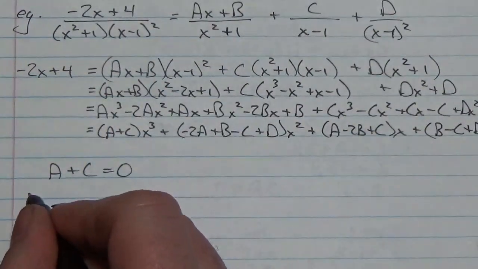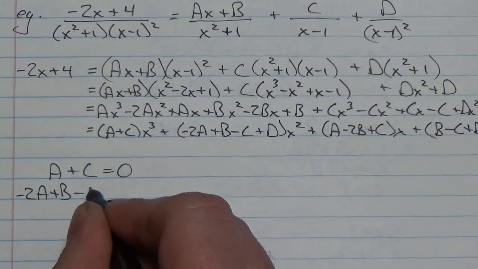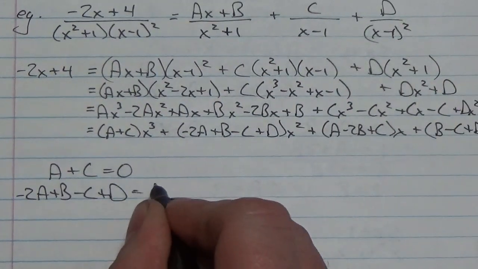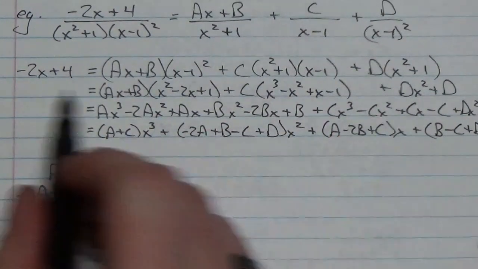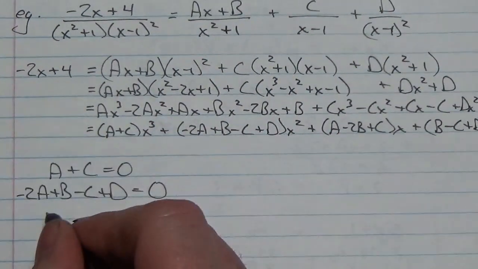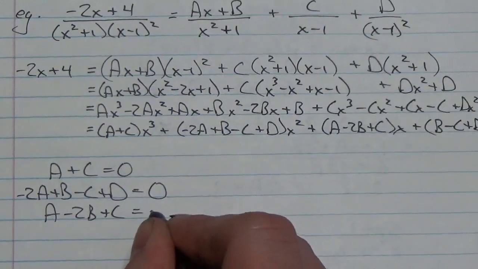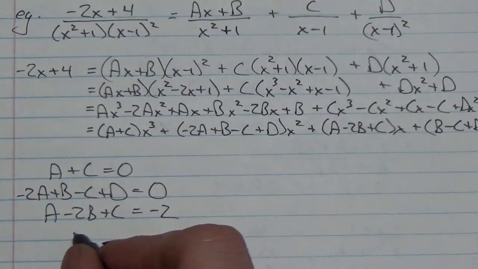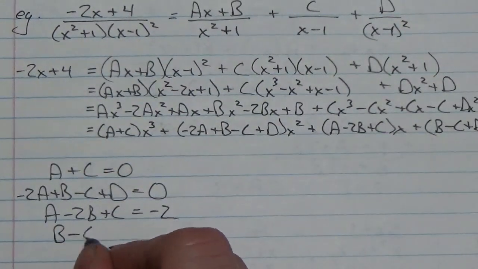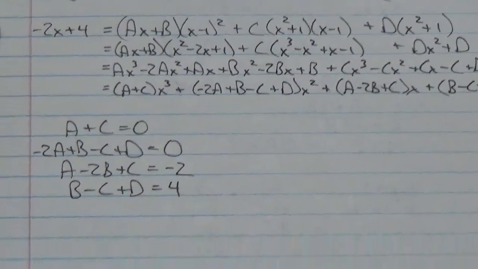So negative 2a plus b minus c plus d has got to equal 0. Now, there is a linear term, negative 2 here. So this a minus 2b plus c has got to equal negative 2. And I do have a constant, 4. So b minus c plus d has got to equal 4.